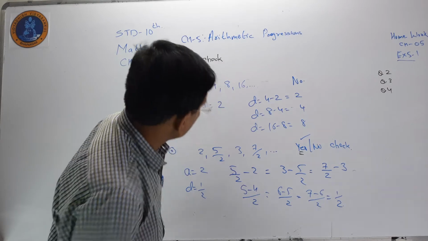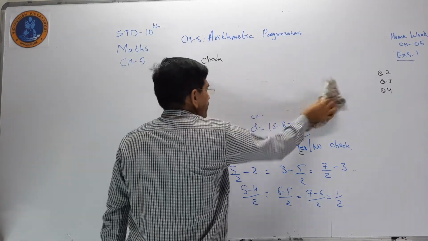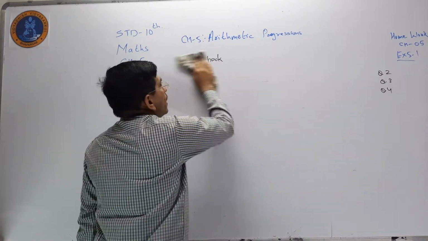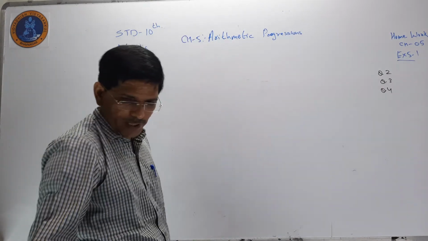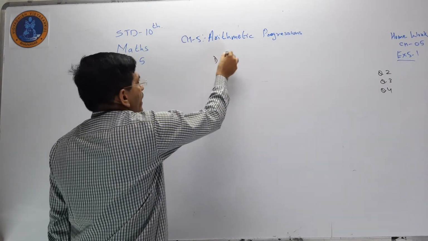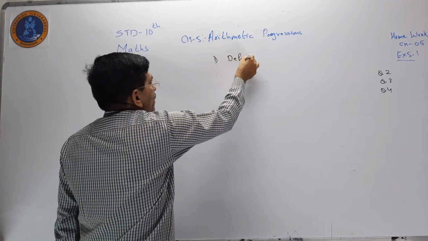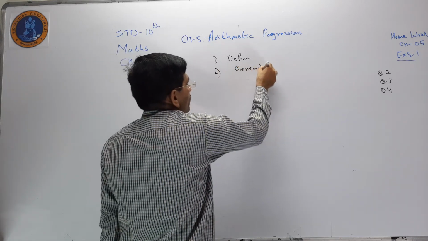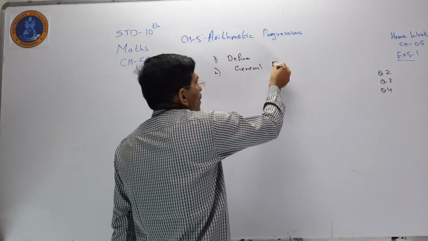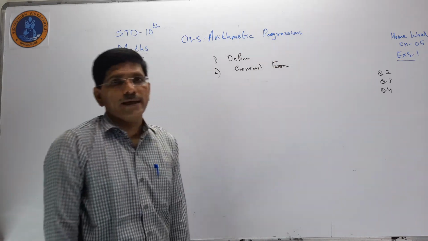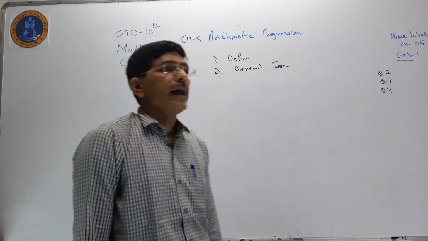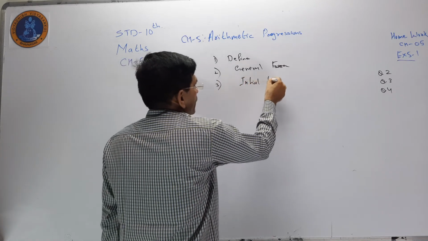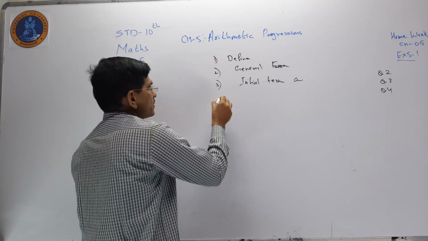So 4 things we have to do today, that is, a review related to the lecture. The definition of AP, which we defined today. Third, the general form, that is A plus D, A plus 2D, A plus 3D. Initial term, A, we have discussed.